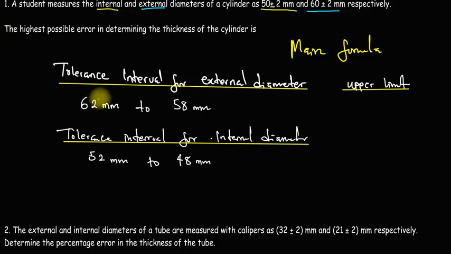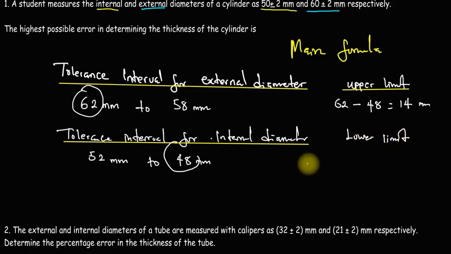Okay, so 62 millimeters, right, is our largest, minus the smallest, which is 48 millimeters, gives us our upper limit, and this equals 14 millimeters.